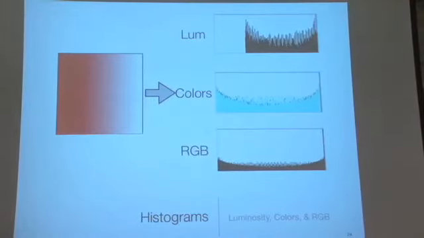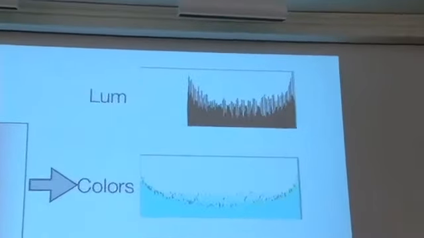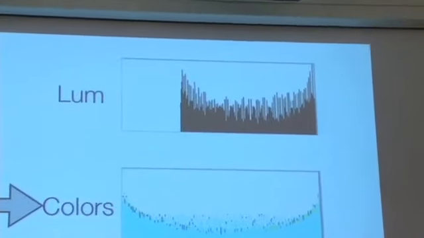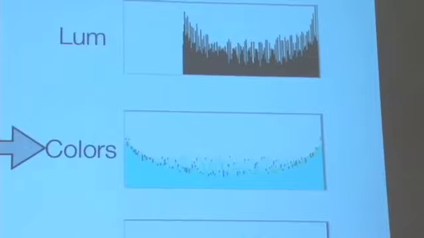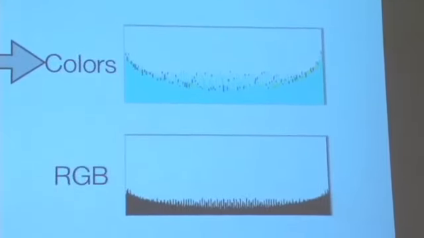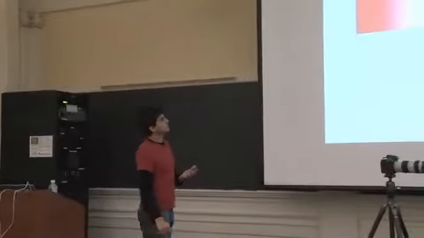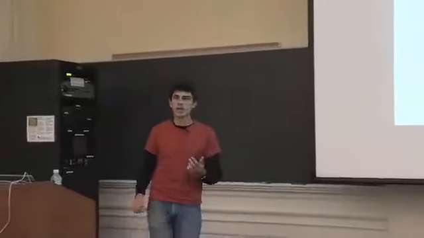We have a luminance histogram where there's this big gaping hole about 30% of the way in. Then we have an RGB histogram that actually spans the entire width of the histogram itself. So this implies that there's some actual, useful difference between these two types of histograms. And indeed there is.